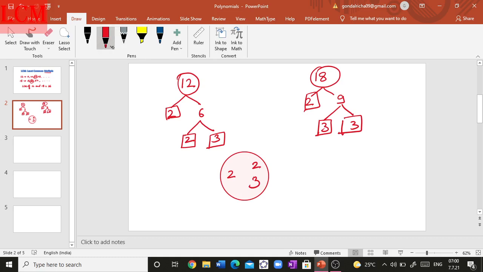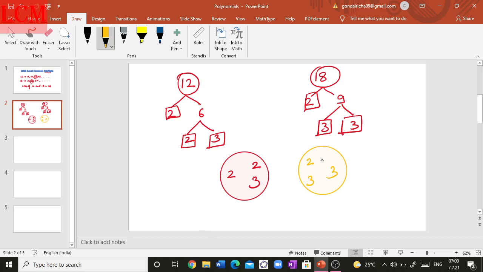Now let's take the prime factors of 18. So this is 2, 3 and a 3.